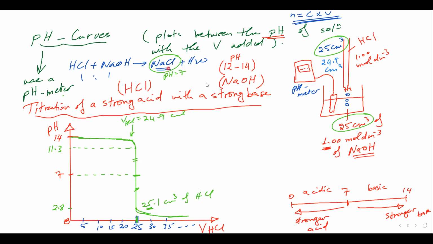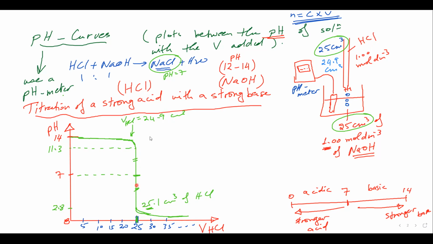Now, what happens when you added only one drop in excess of HCl? Will the solution remain neutral? It's going to change to an acid. That's why the pH changed. Instead of 7, it became pH 2. It became pH 1. Okay?